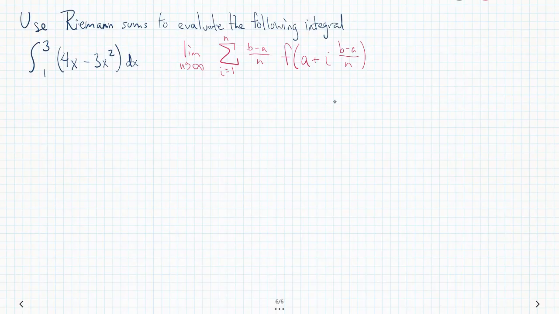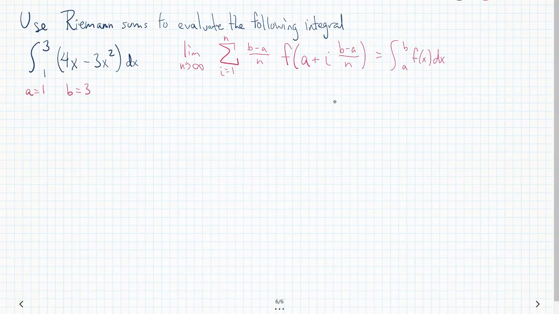And if you're starting at i equals 1 and you're finishing at n, you're using a right endpoint approximation. If you start at i equals 0 and finish at n minus 1, you're using a left endpoint approximation. So this thing equals the integral from a to b of f of x dx. So in our case, what do we have? Well, we have a equals 1, we have b equals 3.